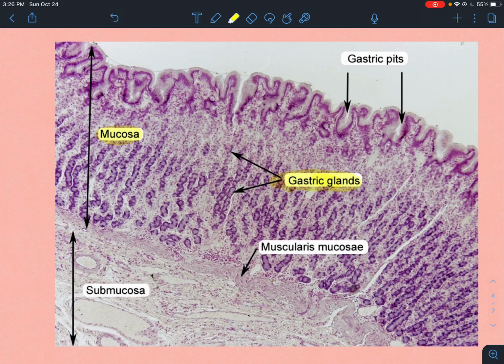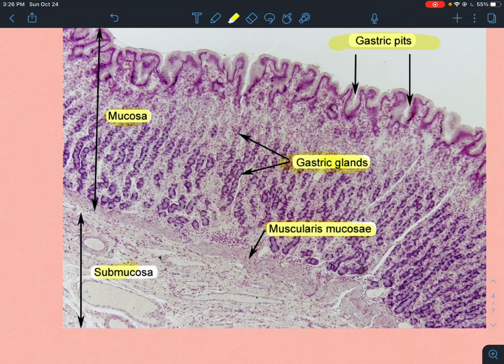And that's going to be for chemical digestion using enzymes. You can see the entry points known as gastric pits. And underneath that mucosa, you have the muscularis, which is a thin muscle right under that mucosa. And finally, the submucosa.